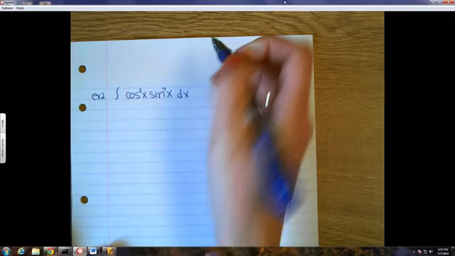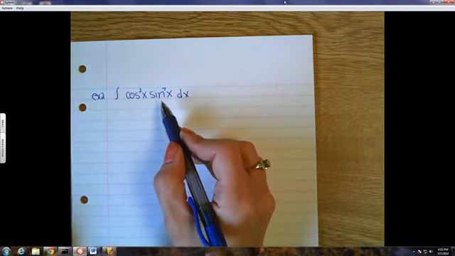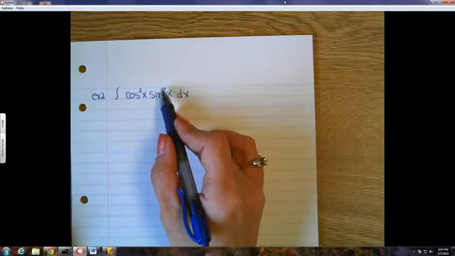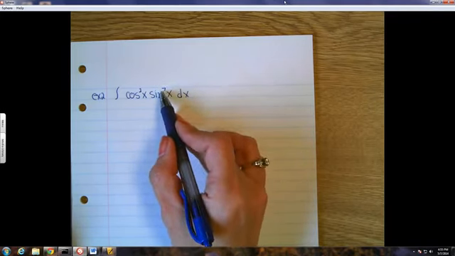Okay, even though I've got the cosine and the sine together, look to see if one of them is the odd exponent. If there is, I can follow the rule, the 4 steps we just did. I see the odd exponent is here on the sine.